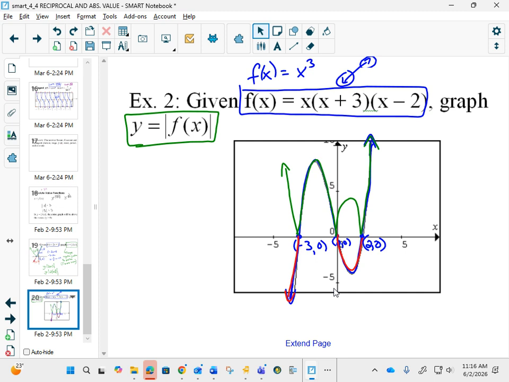Like had they labeled this one as (1, -4), which I don't. If they had labeled that as (1, -4), then you should label this as (1, 4) to show that that y value went from negative to positive. But other than that, pretty straightforward.